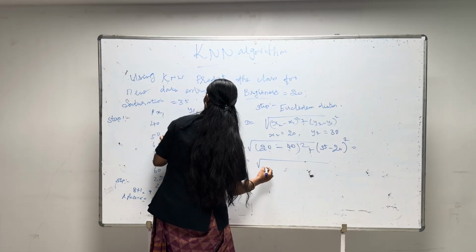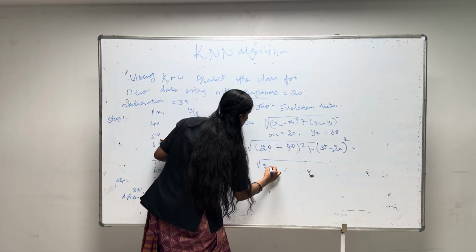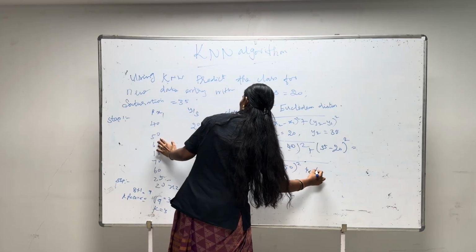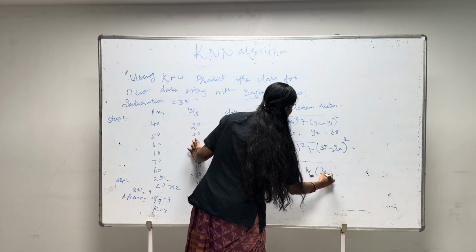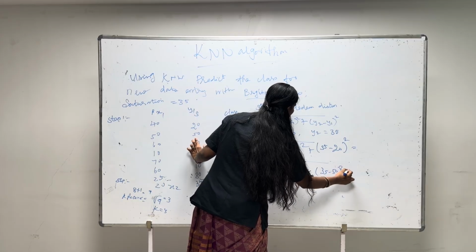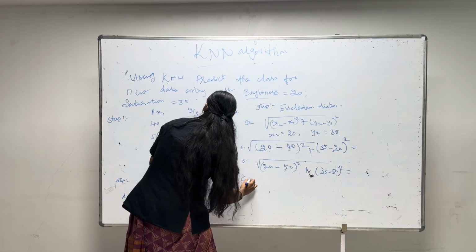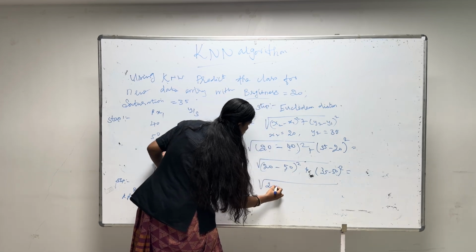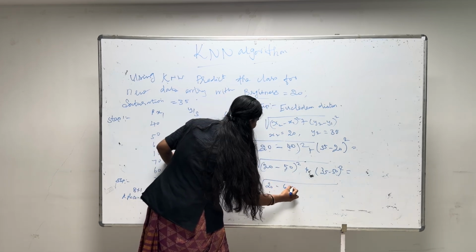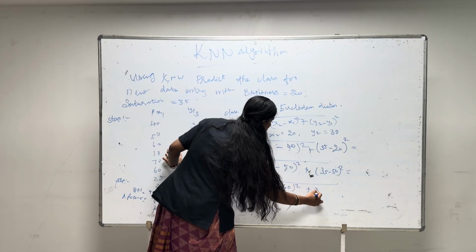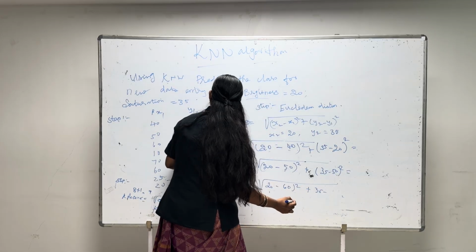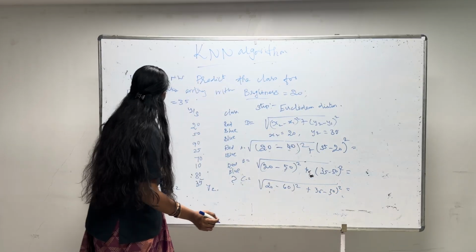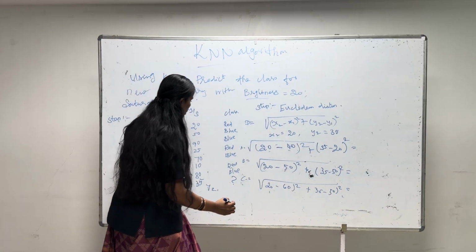The second one is 20 minus 50 whole square plus 35 minus 50 whole square. For the third one, the value will be 20 minus 60 whole square plus 35 minus 50 whole square. For each data set, we are going to find this.